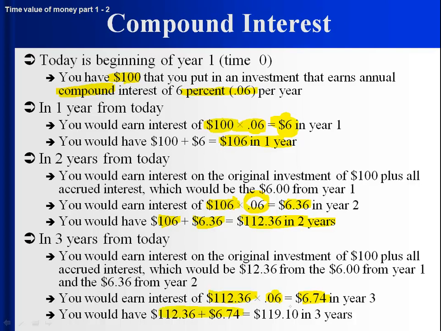So after 3 years, you'd be up to $119.10. So you can see it doesn't just grow by $6 a year, it grows by an increasing amount. 6, then 6.36, then 6.74, and it's because every year there's a little bit more interest on interest.